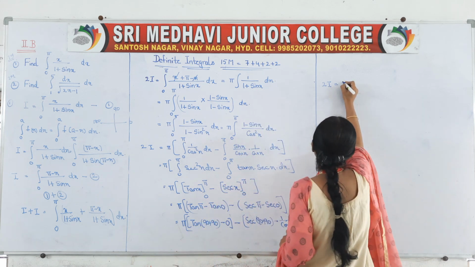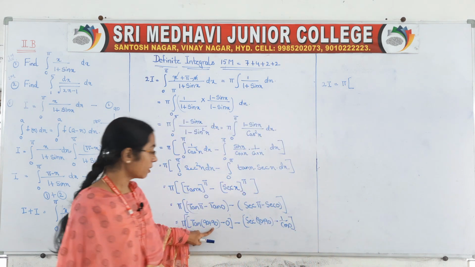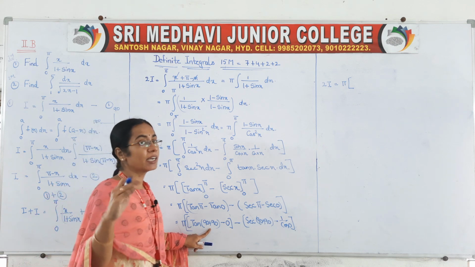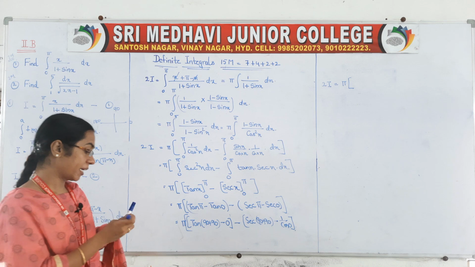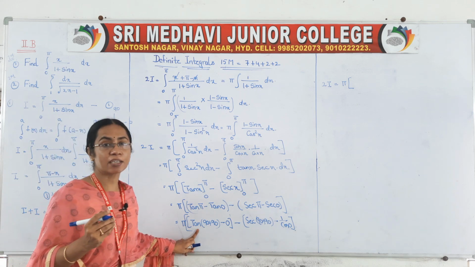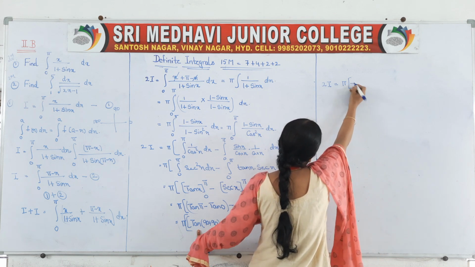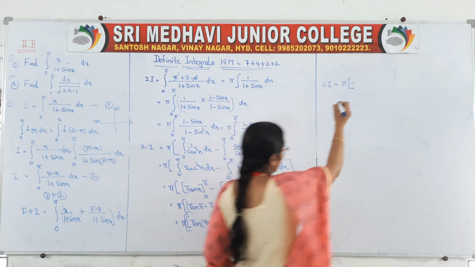2I is equal to pi into, this is 90 plus theta form, second quadrant. In the second quadrant, sine and its reciprocal cosec are positive, the remaining are negative. Here we have tan, so it is negative. And for 90 plus theta, the ratio changes, tan changes to cot.